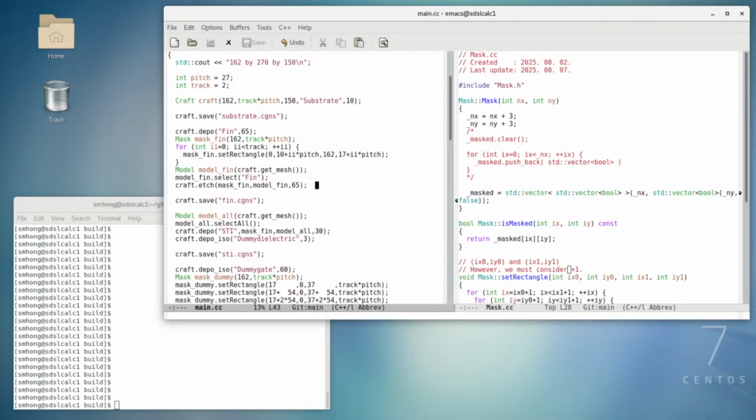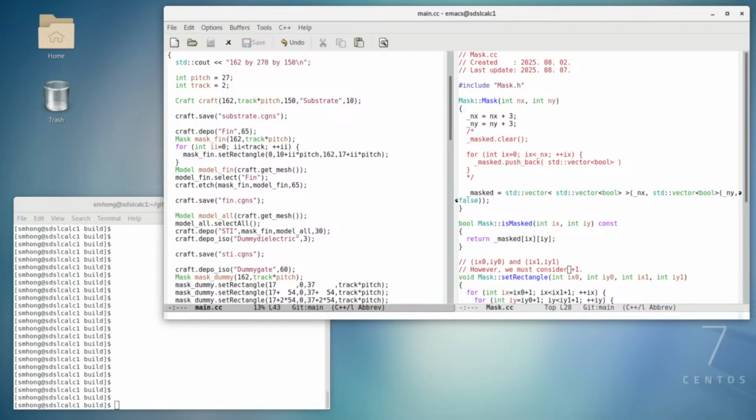Well, in the previous video, I just showed you a 10 fin structure, but its height was quite short, so it was not that realistic.